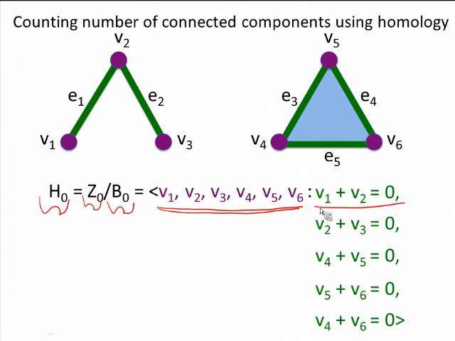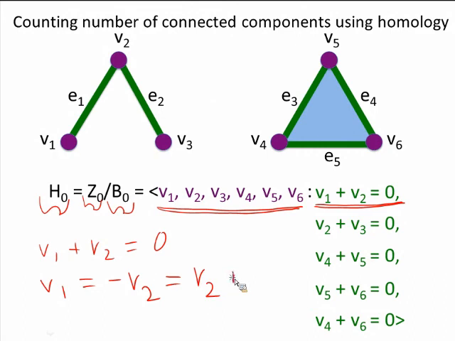And so we will use this notation to say that we're going to set V1 plus V2 equal to 0 to say that they're in the same component. So V1 plus V2 equals 0. So therefore, V1 equals minus V2. Oh, wait a minute, I'm working mod 2. Minus 1 is the same thing as plus 1. All odd numbers are equivalent to 1. So I've got V1 equals V2 mod 2.